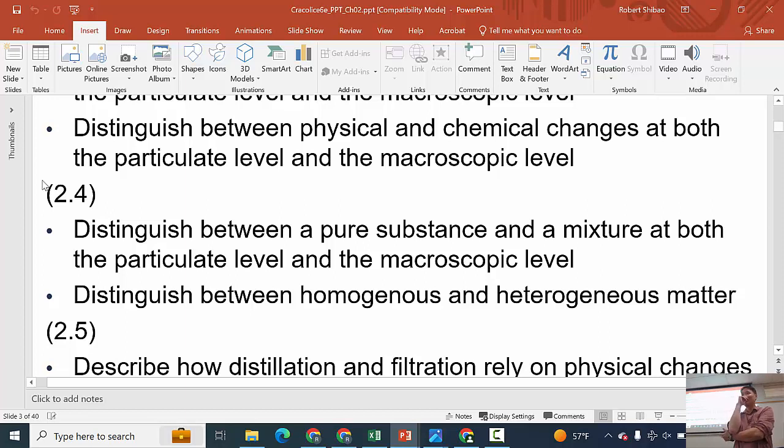At the particulate level, what changed? What makes up the substance? What makes up substances? Elements, but we have to be more specific. Try to imagine this at the particulate level. Not everything's made up of molecules, but everything is made up of atoms.